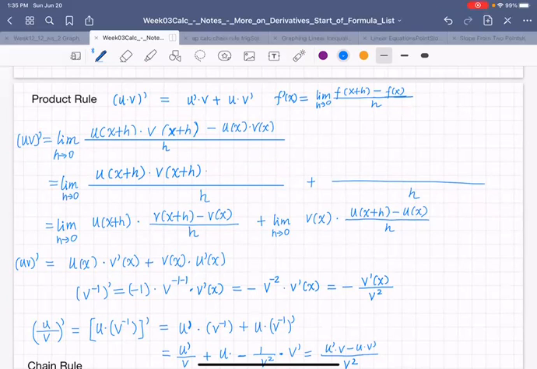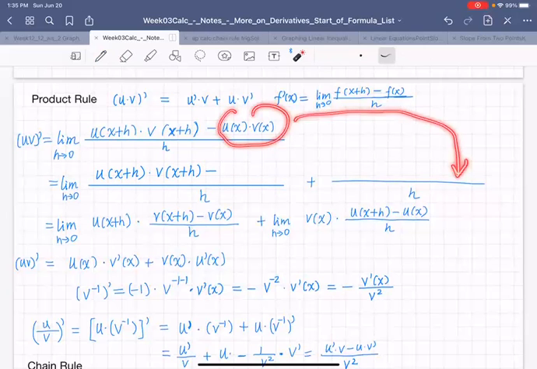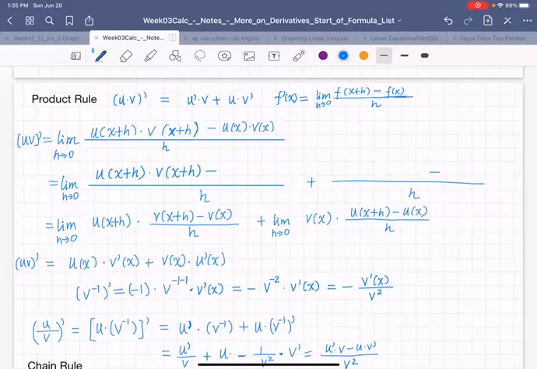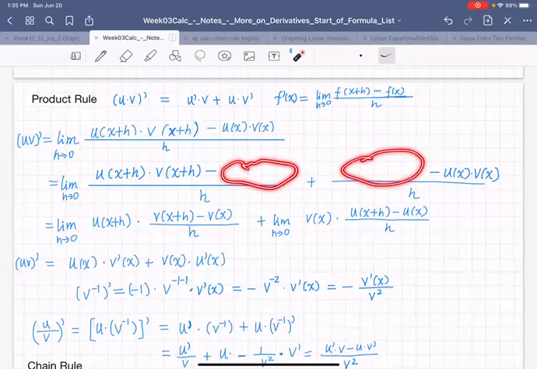We did some manipulations. We put this guy over here. We leave this minus u of x times v of x over here. But we did something here and something here. These two are exactly the same. Who is this guy?